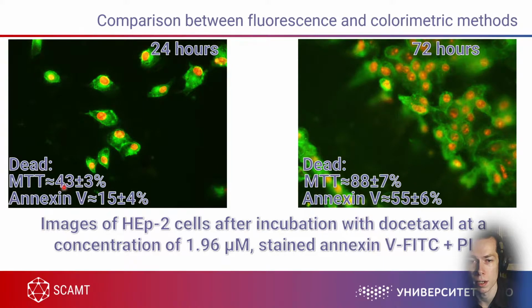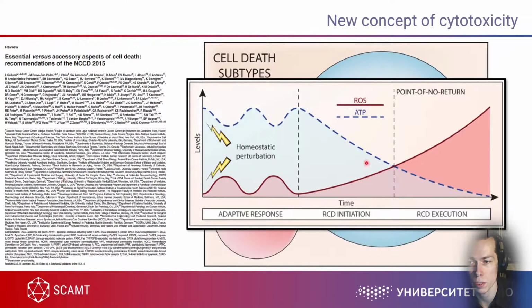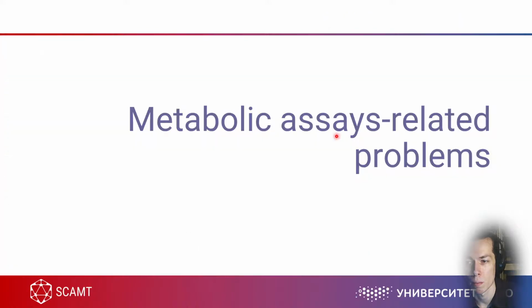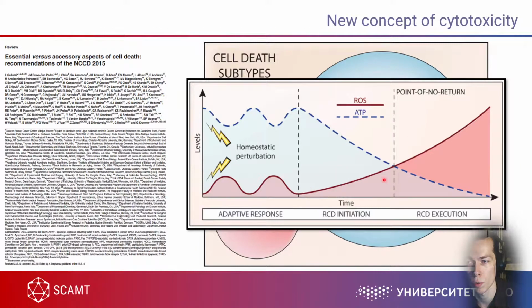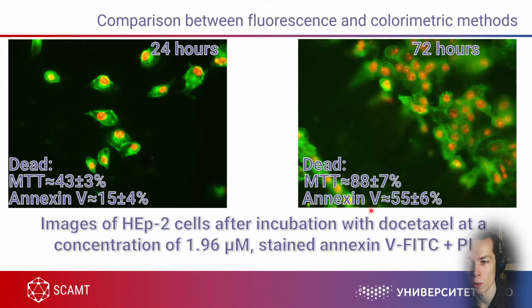But according to MTT, the decrease is like 43%. 43% is somewhere here. There is still some time to repair this damage, to accumulate additional ATP molecules. But after some time passes, a lot of cells go through the point of no return, and the amount of annexin positive cells also increases.